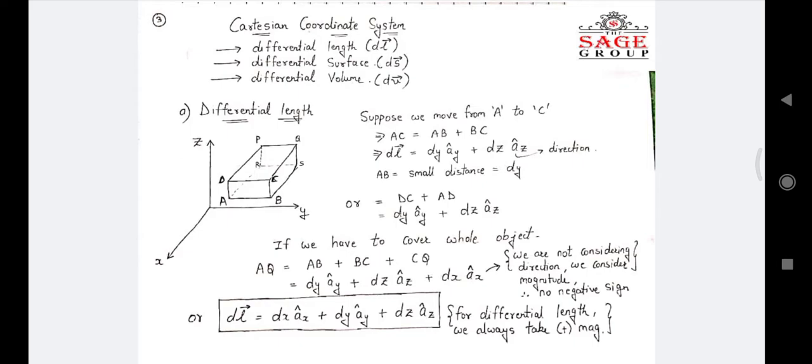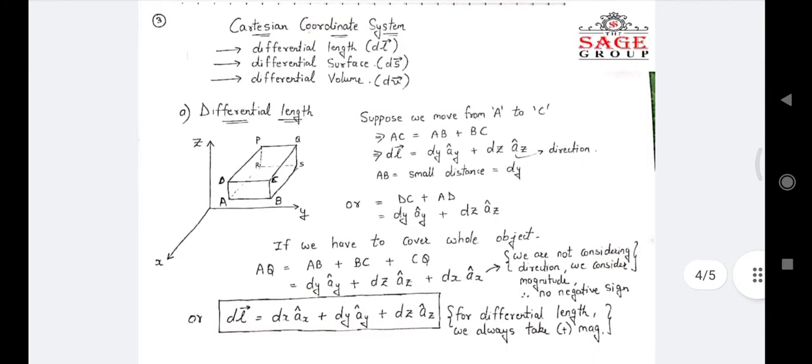Why? Because when we are moving from A to B, our y parameter is increasing, so the sign of the unit vector will be positive, and since we are moving on the y axis, the unit vector is ay. Similarly for BC, when we move from B to C, it will be dz az. AB is a very small distance, that is why we have taken it as dy.